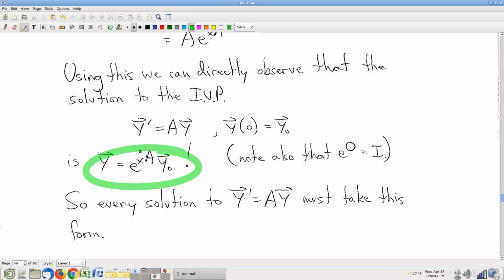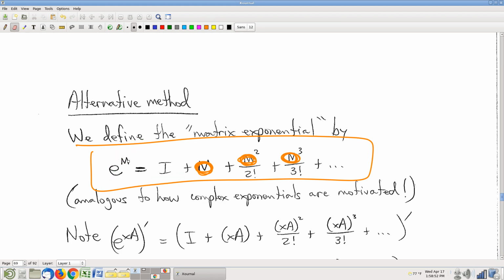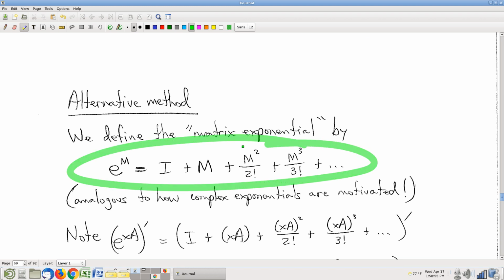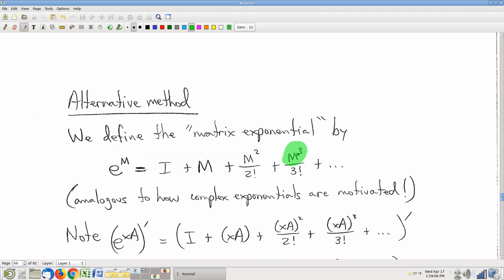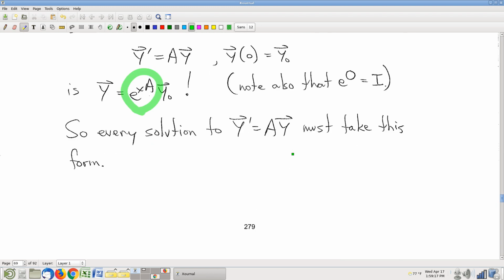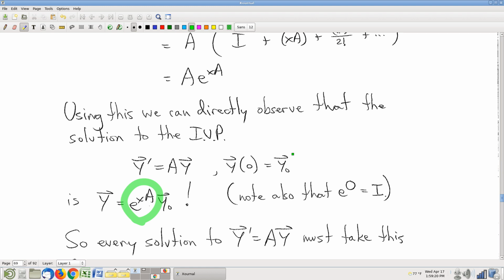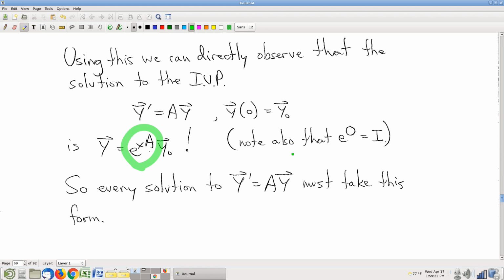The only thing that I know about how to evaluate a matrix exponential is this infinite series, and I don't realistically want to have to add up all infinitely many of these terms, each of which involves raising a matrix to a high power, which is not always doable, especially if it's not diagonalizable, which it isn't. So right now what we have is an abstract, kind of useless, practically speaking, answer. So that's the bad news.